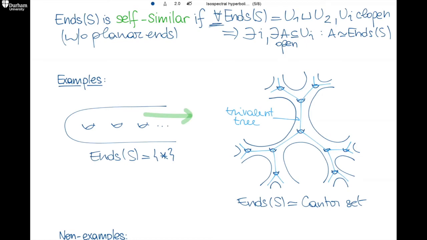And so now it might seem like a pretty restrictive condition, and it isn't, in the sense that there are uncountably many topological types of surfaces with this property.